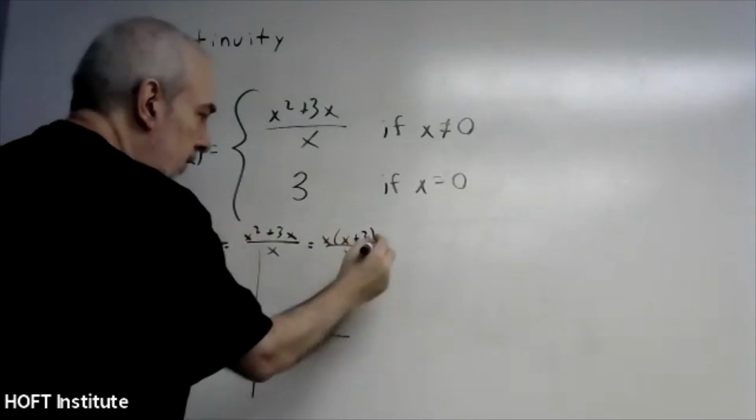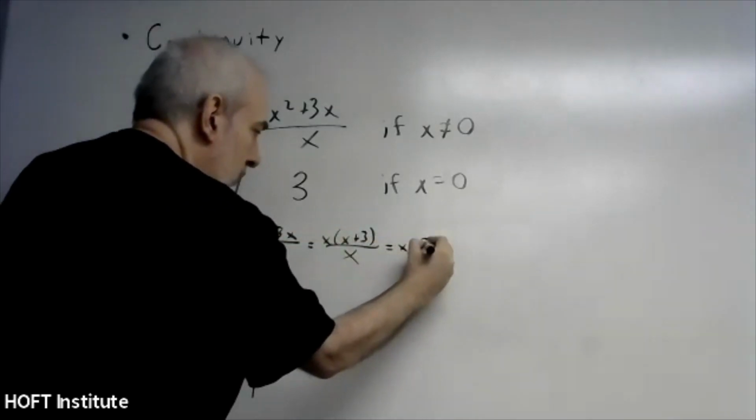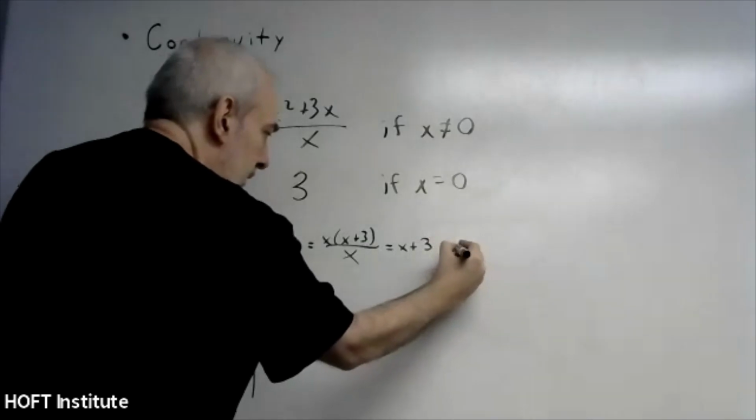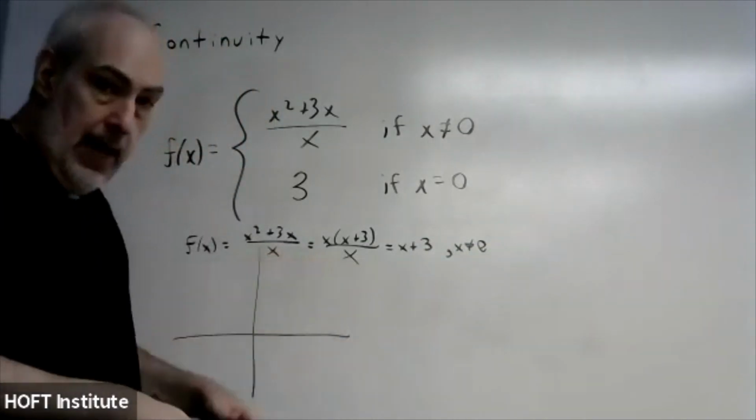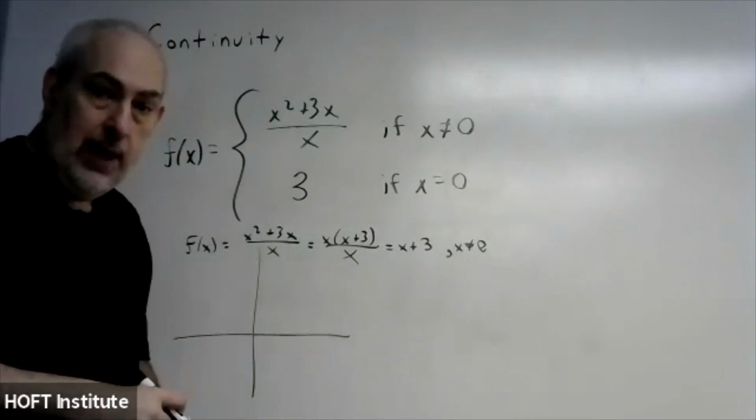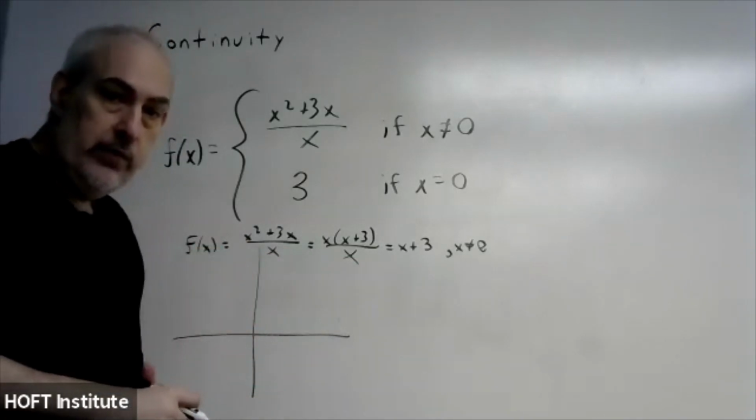And so the function is the same as just x plus 3, except we can't plug in 0. So it looks like a line, y equals x plus 3, but missing a point at x equals 0.